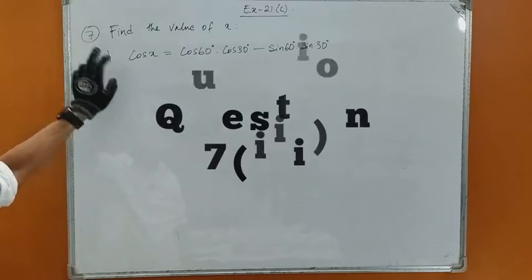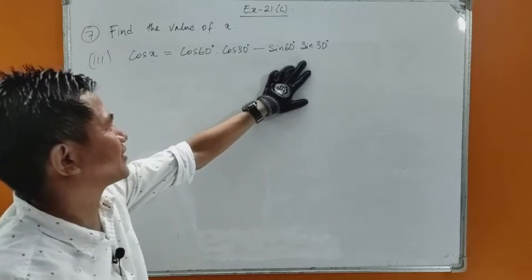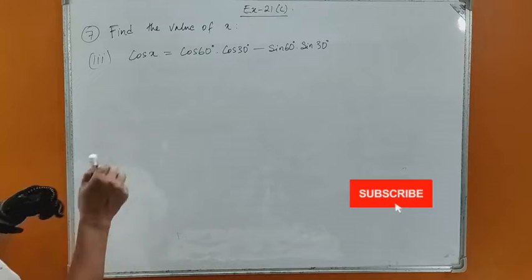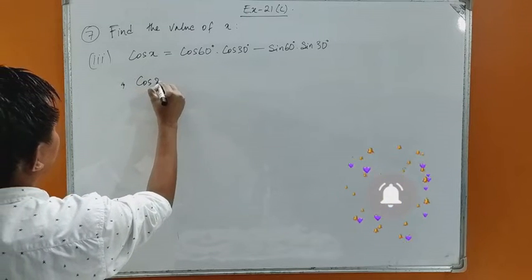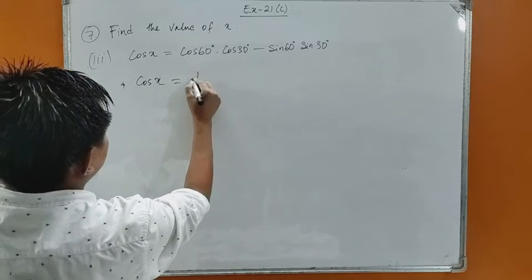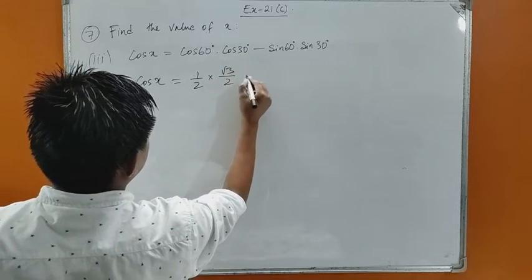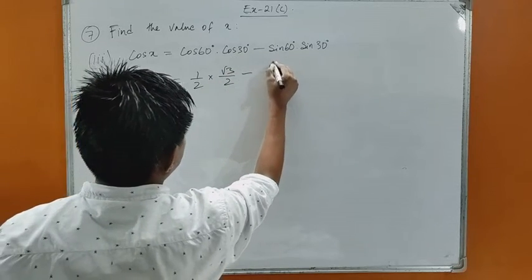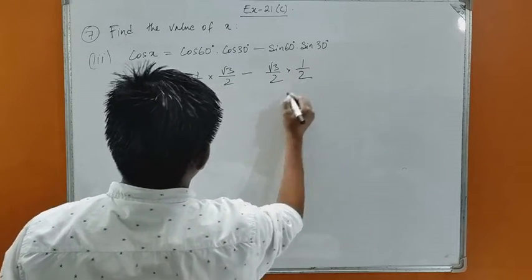Question number 3 of 7. cos x equals cos 60 cos 30 minus sin 60 sin 30. We are asked to find the value of x, isn't it? So cos x equals cos 60, which is 1 by 2, and cos 30, which is root 3 by 2, minus sin 60, which is root 3 by 2, into sin 30, which is 1 by 2.